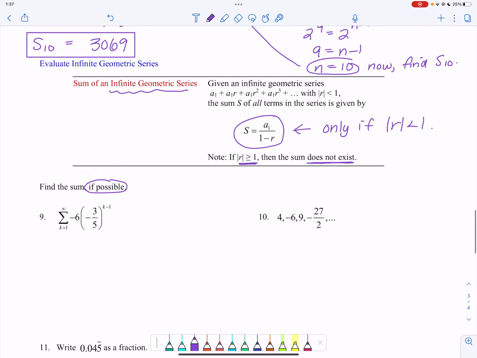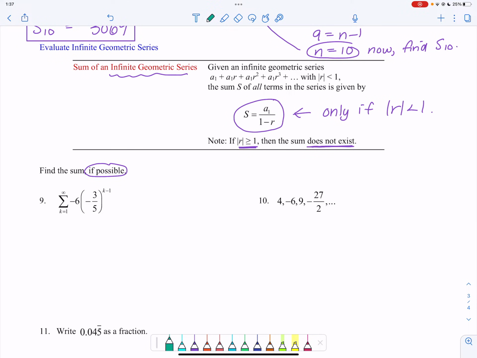So we first need to find the absolute value of r. So the absolute value of r is the absolute value of negative 3/5. That's equal to 3/5. It's less than 1. Check. So the sum exists.